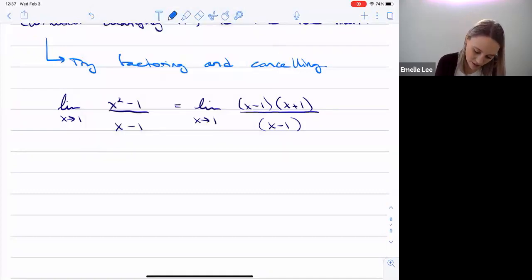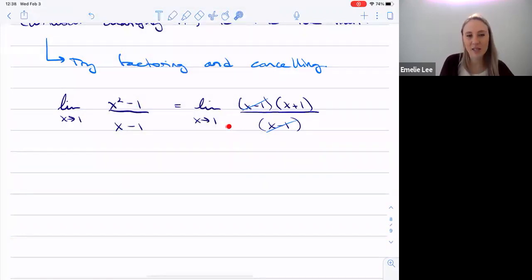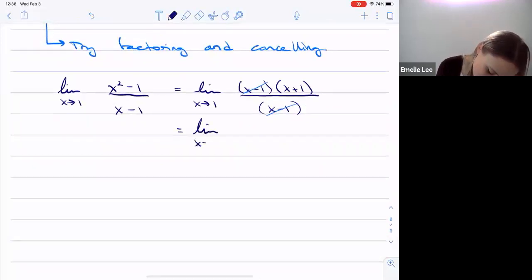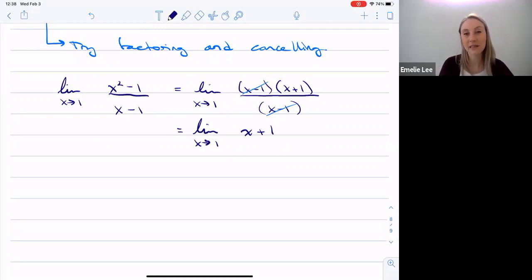And here, just to show that I'm canceling, in a different color. So now what I'm left with is I want to take the limit as x approaches 1 of x plus 1. Well, that's fine. Technically, I can distribute the limit, but because this is a polynomial, x plus 1, I've got that property that says it's a polynomial, so I can just plug in x equals 1.